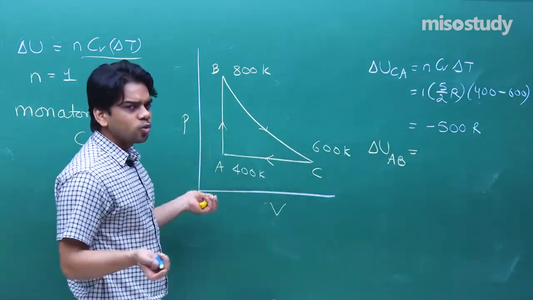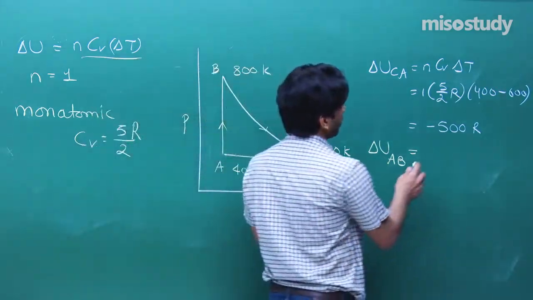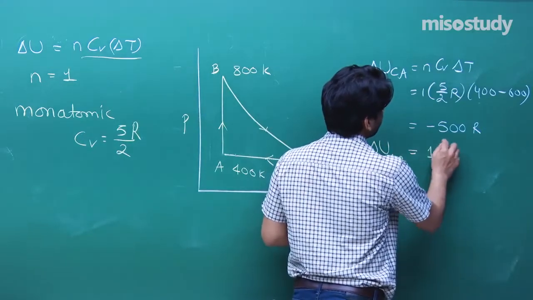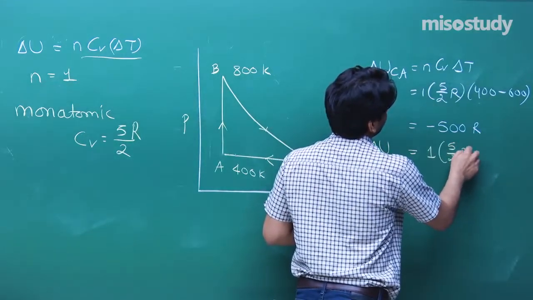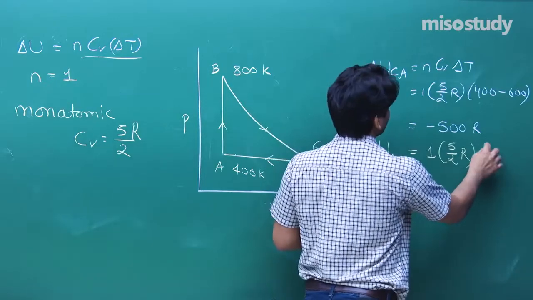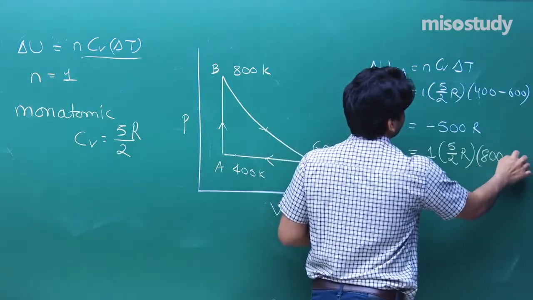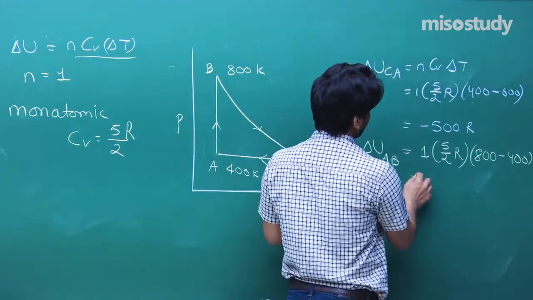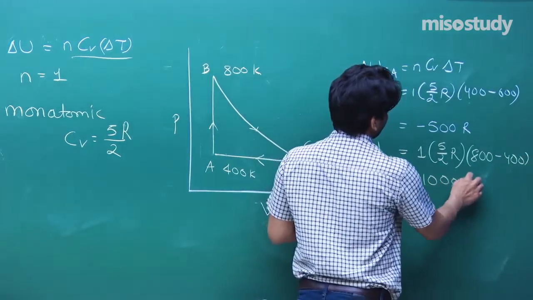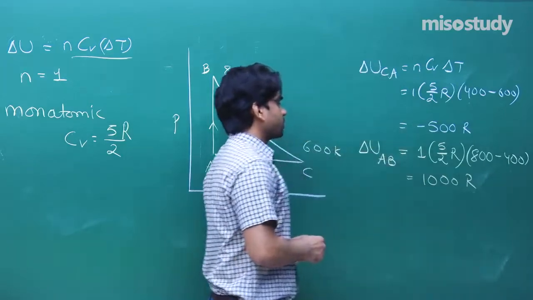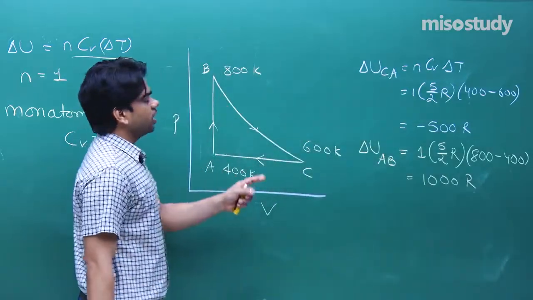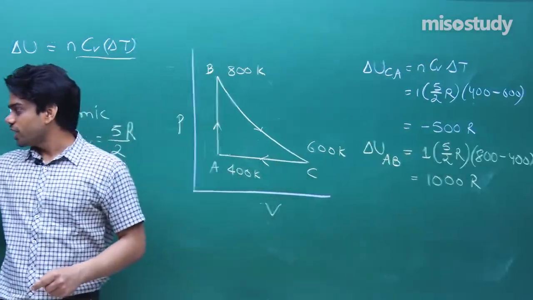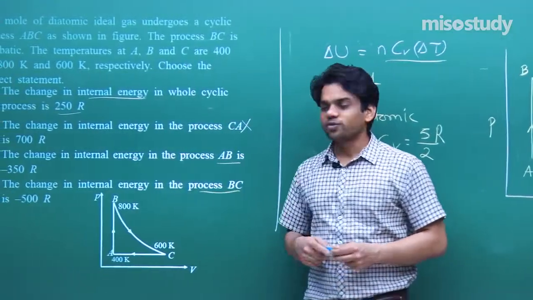But do not worry, use nCv delta T. So again use nCv delta T. So 1, Cv 5/2 R, delta T will come out to 800 minus 400. Clearly this will be 400 by 2, 200 into 5 R, so 1000 R for A to B. Now for B to C, what's given in the fourth option, the change in internal energy in the process BC is minus 500 R.